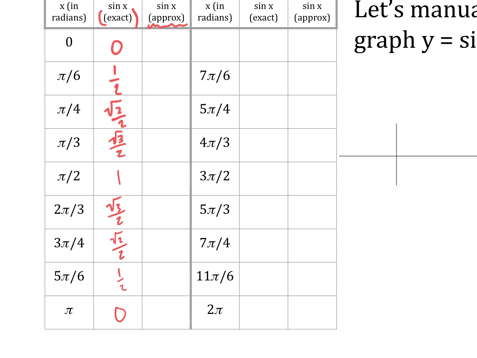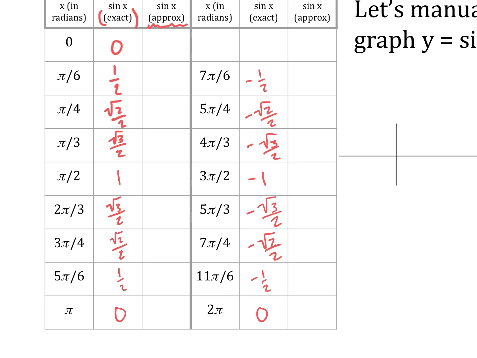Oh, I'm doing this in the wrong box. Negative 1/2, negative root 2 over 2, negative square root 3 over 2, and then negative 1. Then negative square root 3 over 2, negative square root 2 over 2, negative 1/2, and then 0.